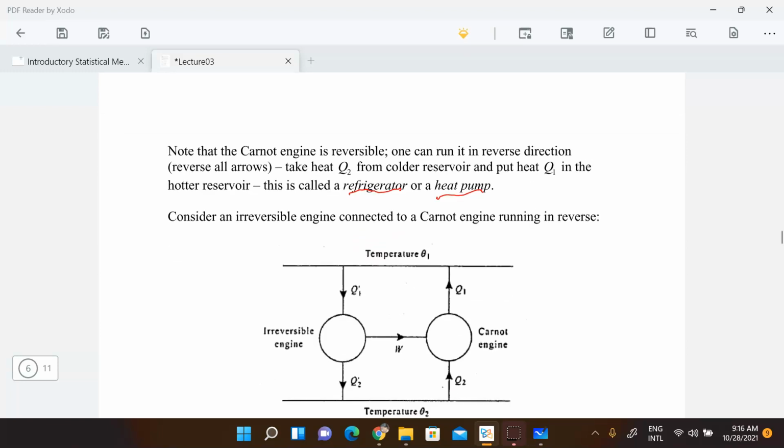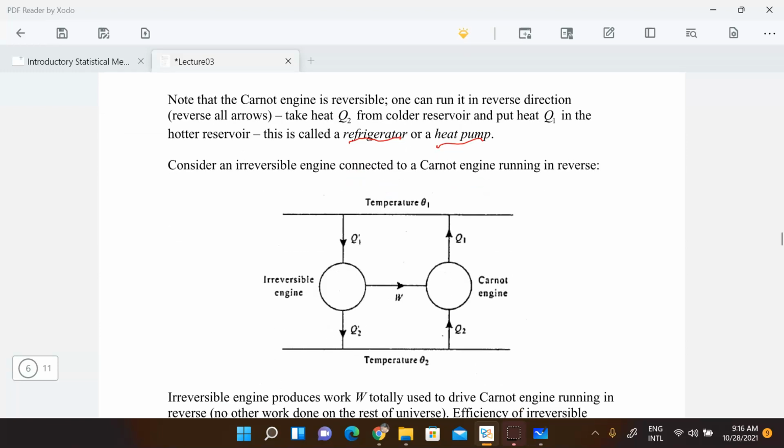So now let's consider playing with this idea of putting a Carnot engine together with other heat engines. You can have heat engines which are not Carnot engines. Carnot engines are the ideal ones because the cycle is composed of reversible processes.